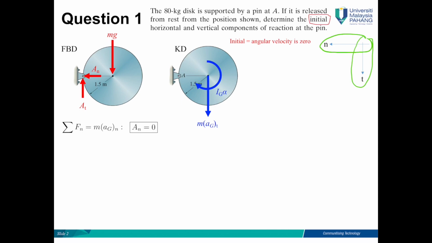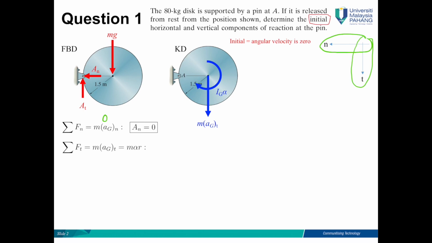So when we look at the first equation, sum of Fn equals M AGN. MAGN is equal to 0, so we know that AN equals 0. So there is no reaction force in normal axis initially.